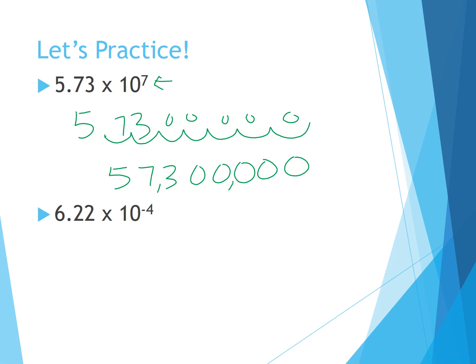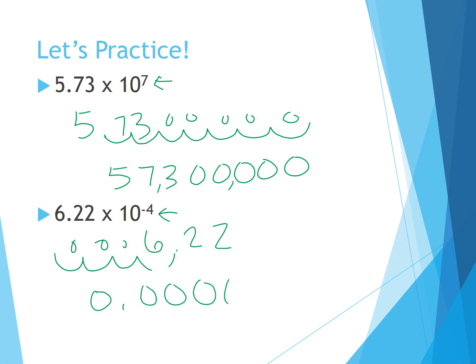Okay. Look at this one. It's a negative number. So remember, we're going to move that to the left. So 6.22. And then move that 1, 2, 3, 4. Putting zeros in. Have the 0 point in the front and then what our number is.